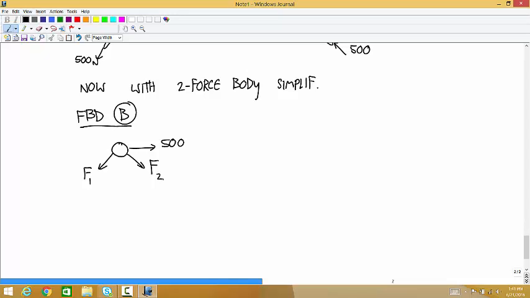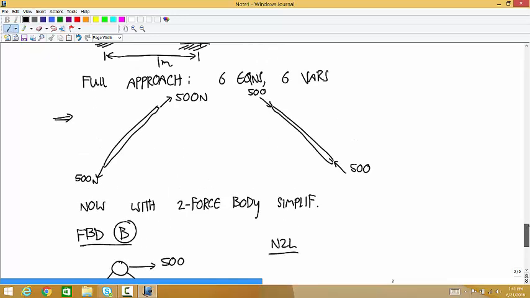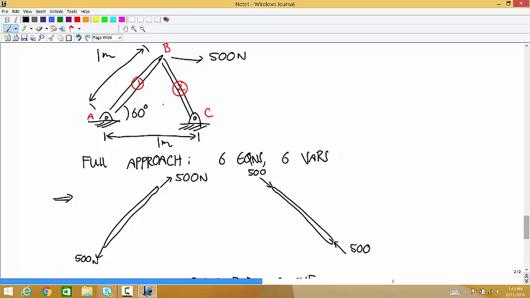So let's go to Newton's second law. What's a unit vector representing this force F1? Well, this is 30 degrees, so it's going to be, what, 240 degrees.